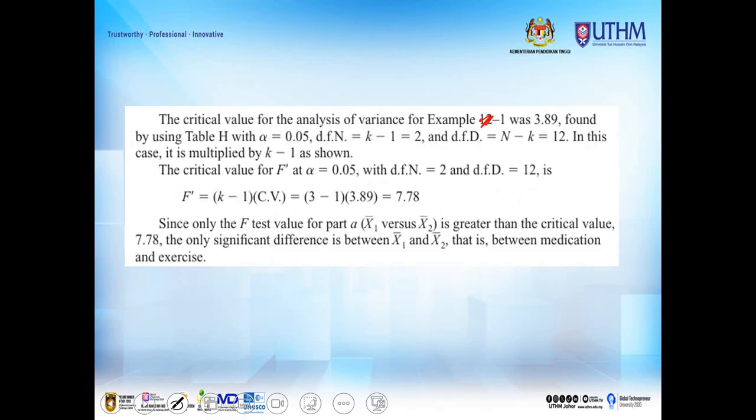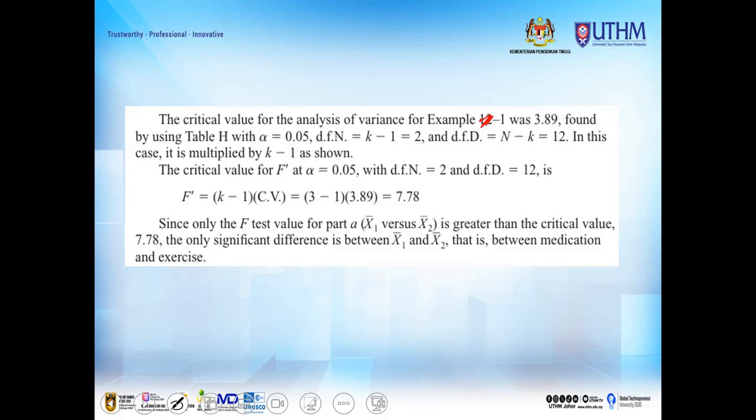So for that, using the table with alpha 0.05, the numerator degrees of freedom k minus 1 is 3 minus 1, which is 2, and then the denominator N minus k, which is 15 minus 3, you get 12. So in this case, it is multiplied by k minus 1, which is 3 minus 1, times 3.89, which is equal to 7.78.